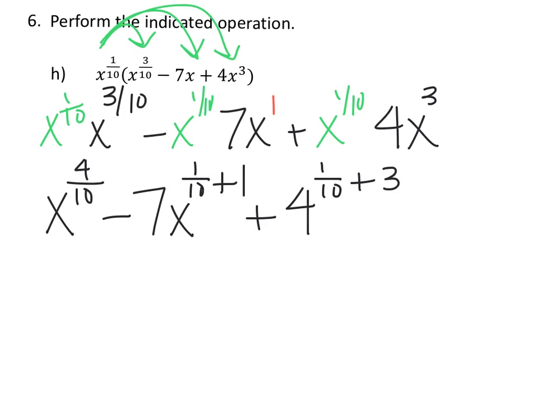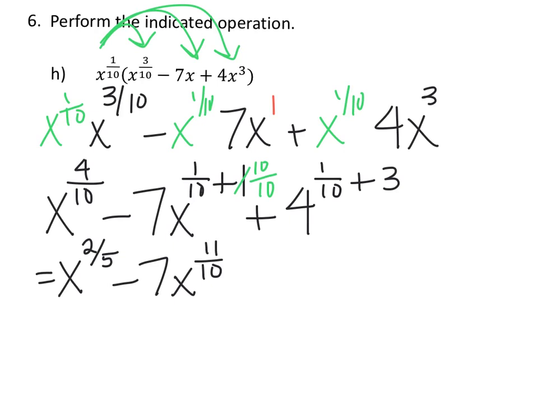So let's simplify 4 over 10. That's going to give me x to the 2/5. Now 1/10 plus 1, let me change 1 to be 10 over 10. So if we keep the denominators the same, which is a 10, and then we're going to combine the top, 1 plus 10 is 11.